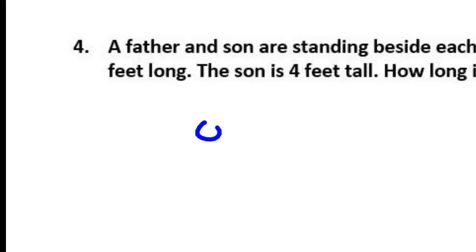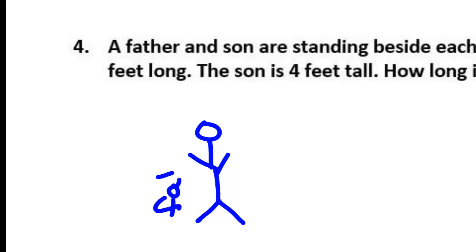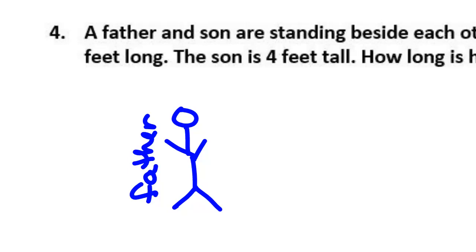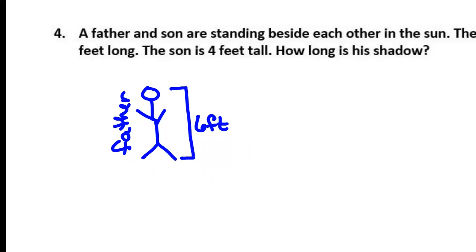So we have our father. And what do we know about the father? He's 6 feet tall. So I'm going to go ahead and put that right here. Do we know anything else about the father? His shadow is 14 feet.